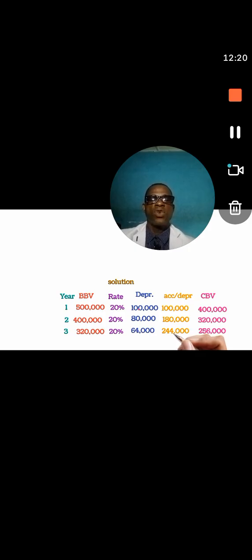The closing book balance is 400,000 for the first year, 320,000 for the second year, and 256,000 for the third year.